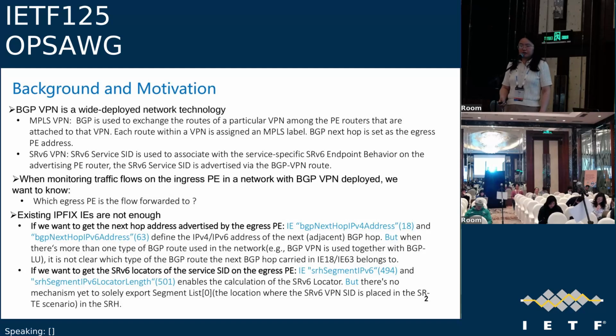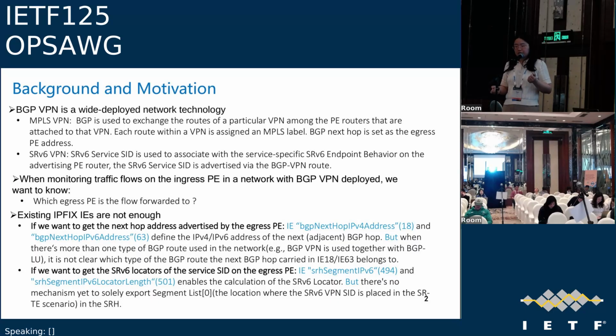And for SRv6 VPN especially, if you want to get the SRv6 locator of the service SID on the egress PE, in the existing information elements we have SRH segment IPv6 and SRH segment IPv6 locator length.